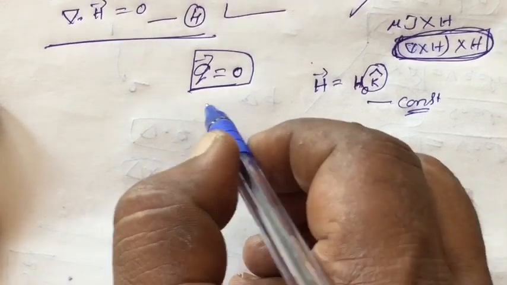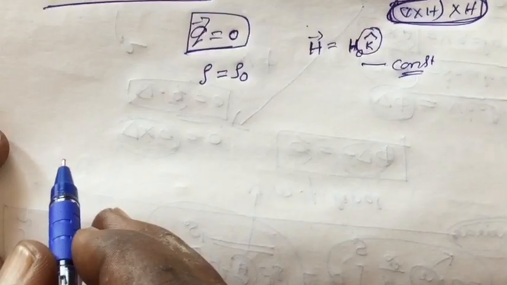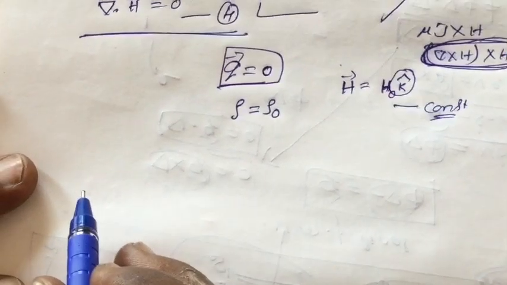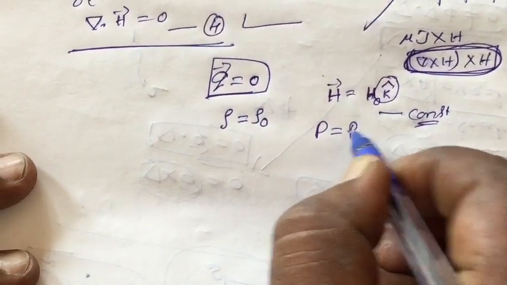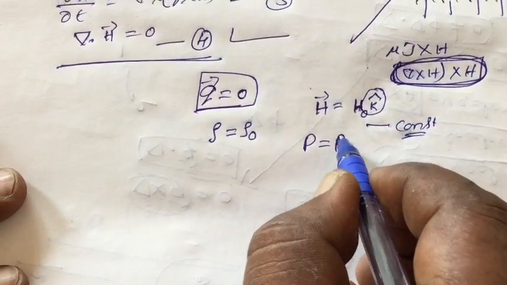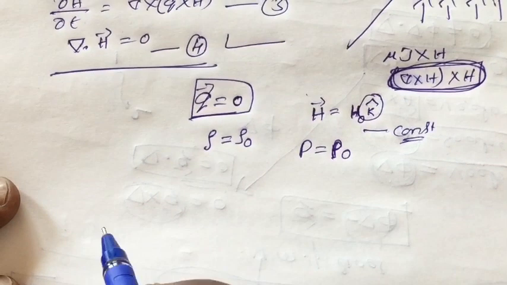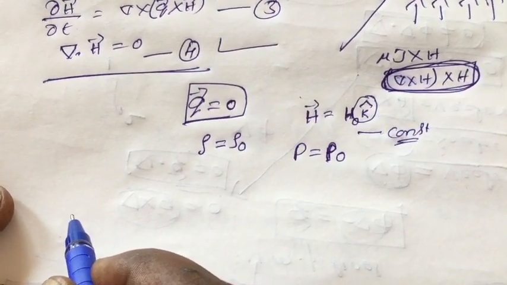Here we assume that the density is constant, rho equal to rho naught, and the pressure is at the basic state, P equal to P naught.